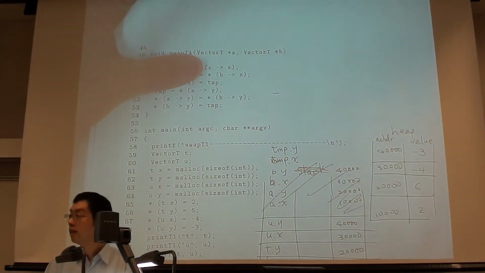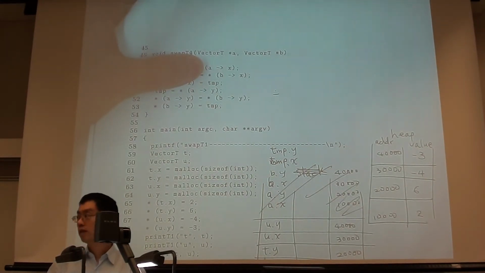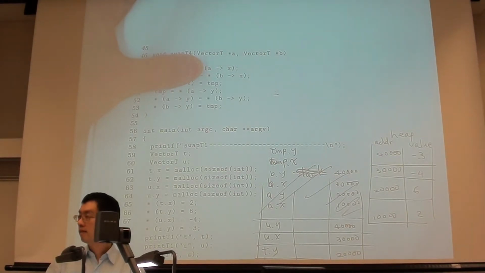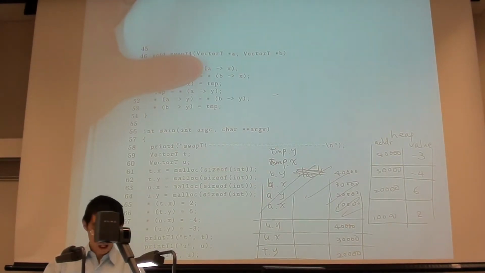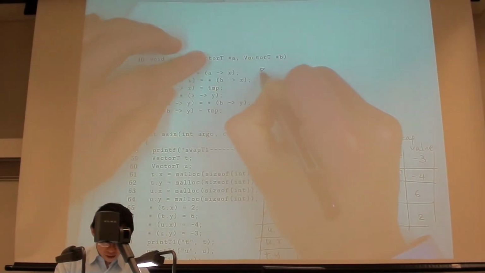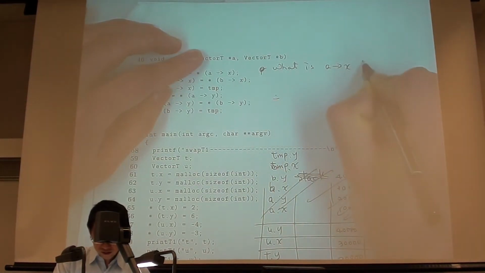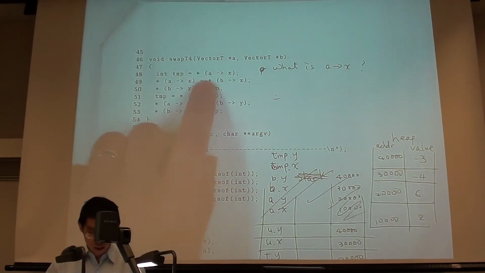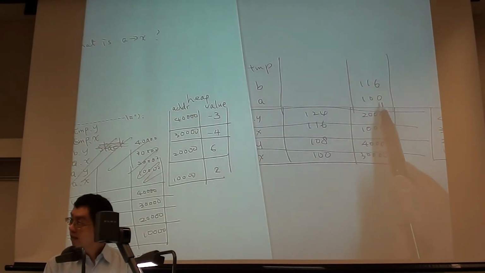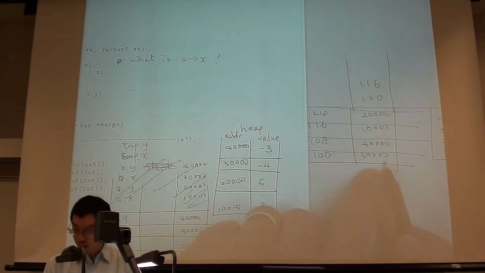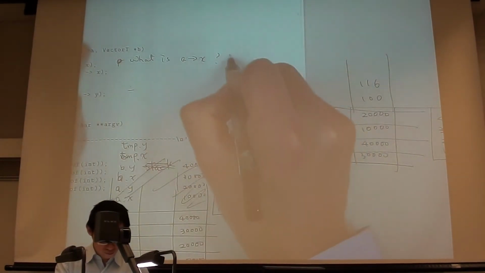This one means 30,000. If I ask what is A->X, you take A's value, which is 100. You go to 100. X is the first attribute, so you read the value from the first attribute. Therefore, it is 30,000.